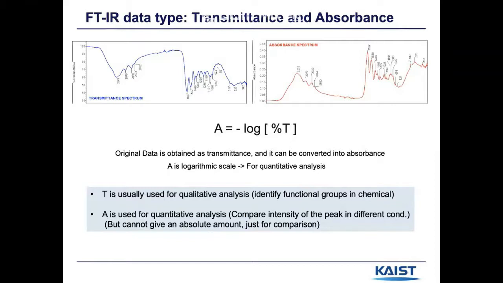Thus, transmittance data is usually used for qualitative analysis to identify functional groups in unknown samples, and absorbance data is used for quantitative analysis by comparing the intensity of the peak. But it's clear that only comparison is allowed with different absorbance, and the absolute amount cannot be obtained with FTIR absorbance data.